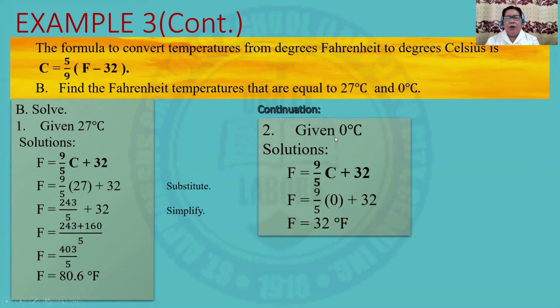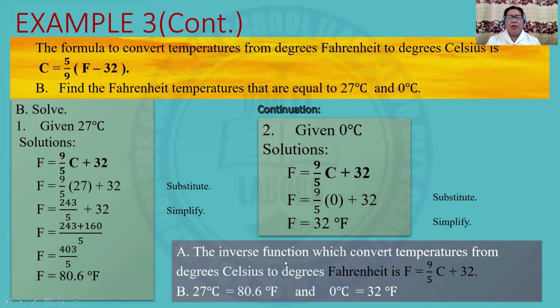And for number 2, the given is 0 degrees Celsius. Solution: F equals 9/5 C plus 32. Just substitute and then simplify. Substitute 0 for C. So 9/5 times 0 is 0 plus 32. Then you will have 32 degrees Fahrenheit.